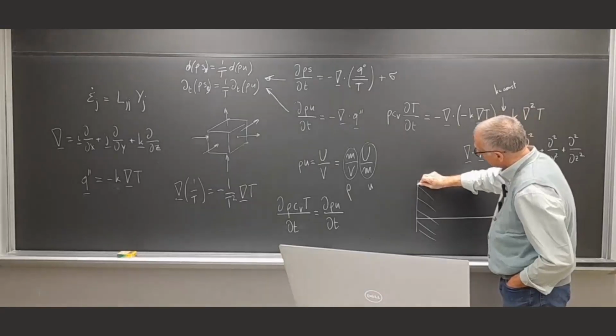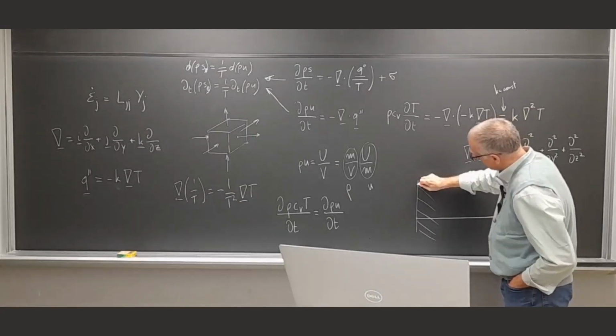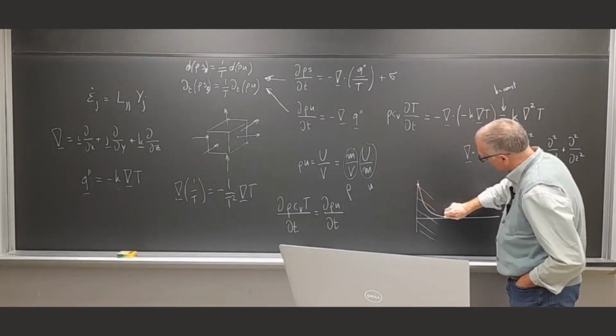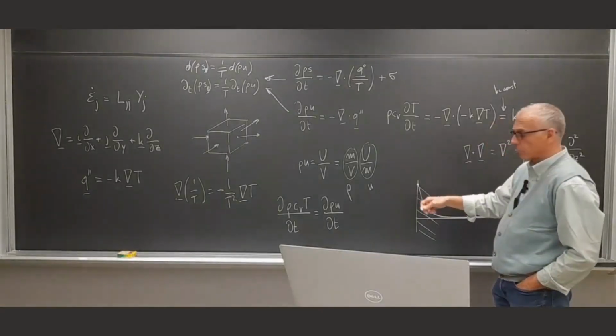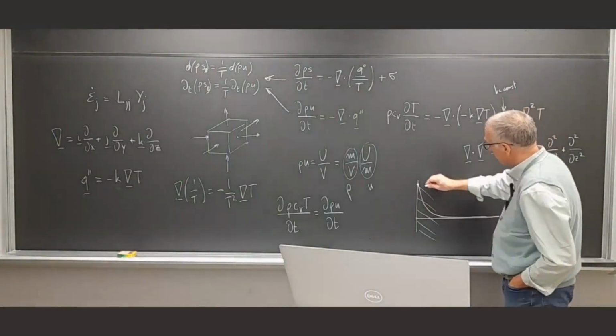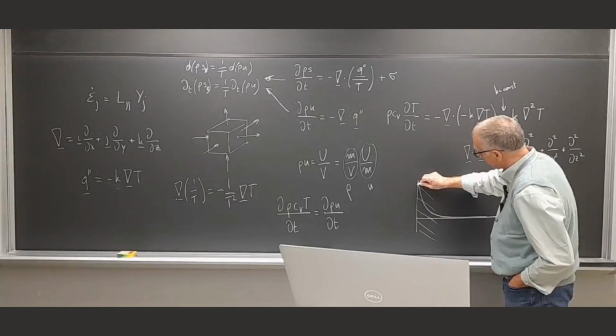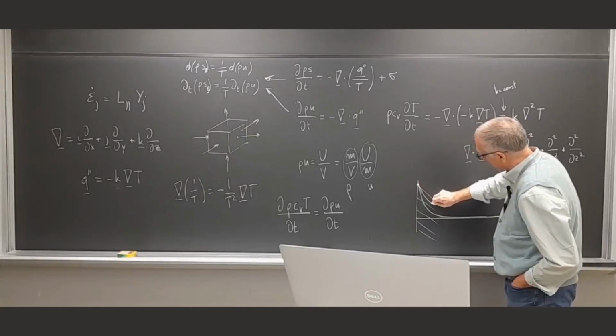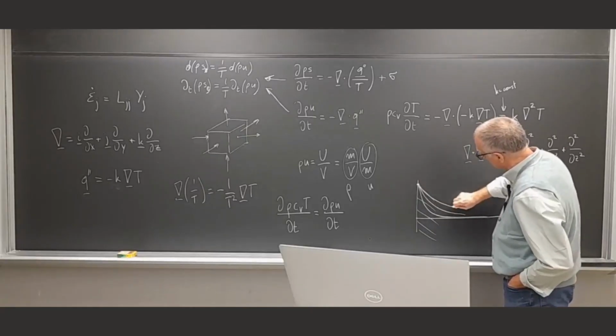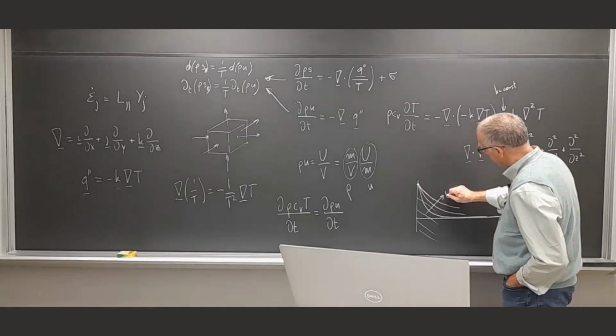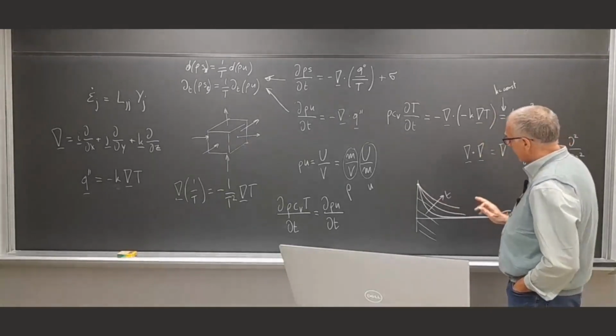As a result, you obtain temperature profiles that look like that, given by the error function distribution. And as time goes on, the distribution goes like that, as time proceeds.